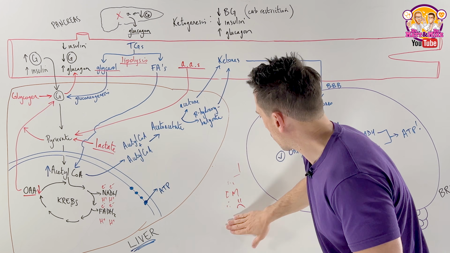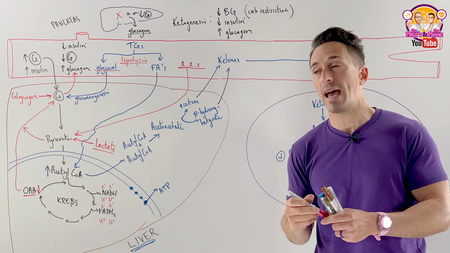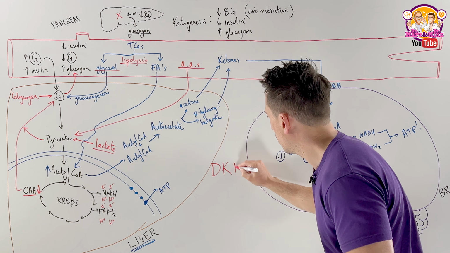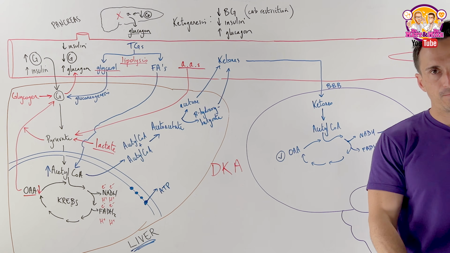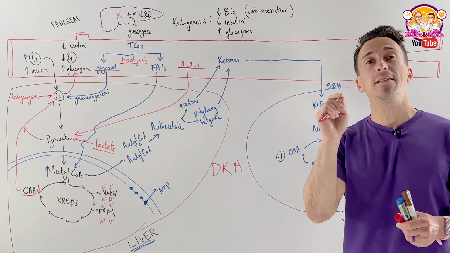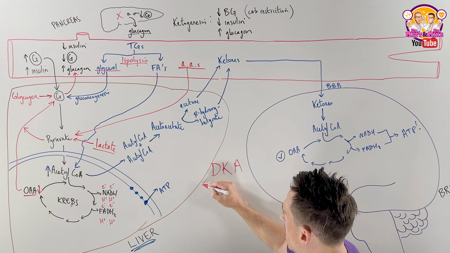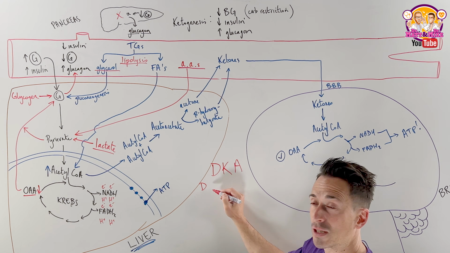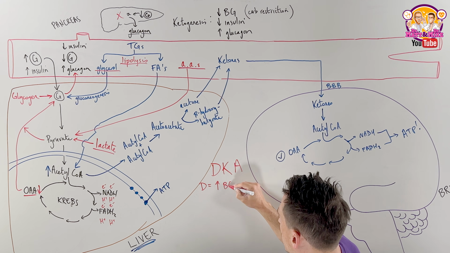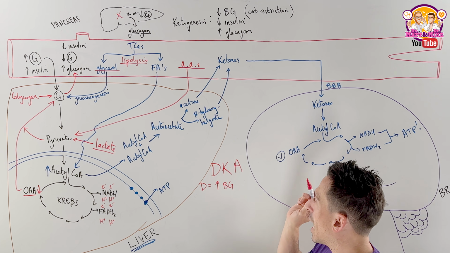Well, what might be the problem is the individual might get what's called DKA, diabetic ketoacidosis. And in order for somebody to be diagnosed with DKA, you actually need to tick the 3 criteria. The first of these criteria is the D, the diabetes side of things. They need to have high blood glucose levels, which we know is stereotypical of diabetes.